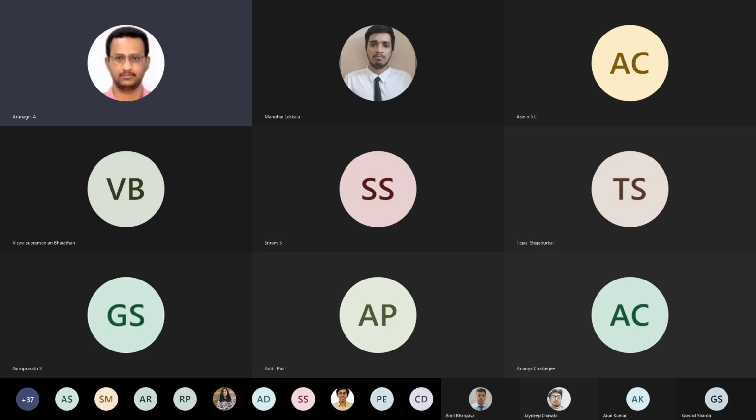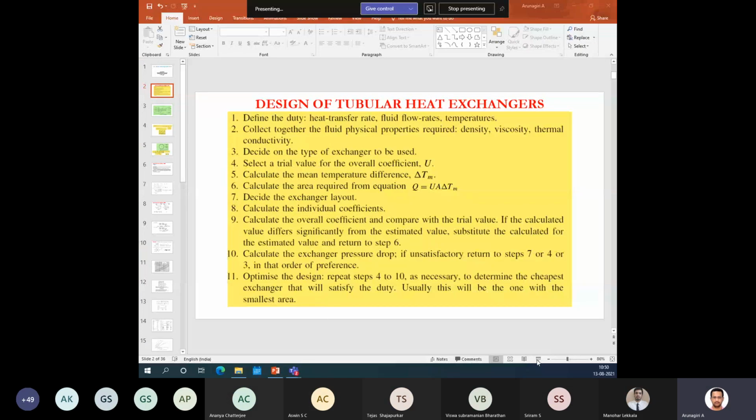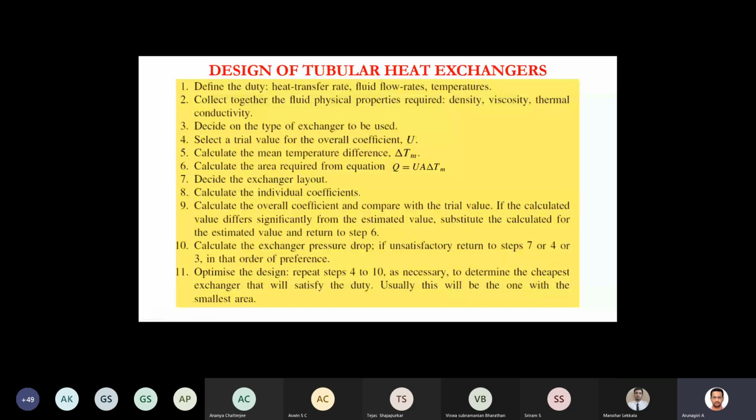The general design procedure we will see, then we move to the double pipe heat exchanger. So now we will see the general design procedure of tubular heat exchangers.